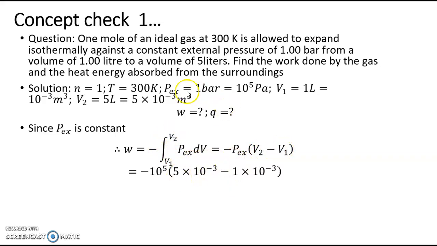So we can put in the values that we have: minus 10 to the power 5 Pascal, that's Newton per meter squared, times 5 minus 1. So if we plug this into a calculator, we arrive at minus 400 joules.